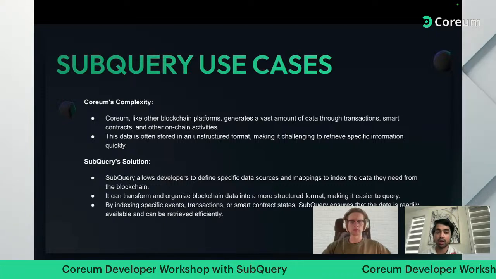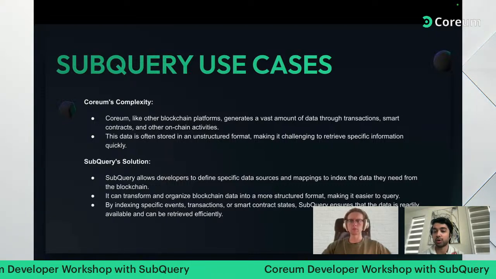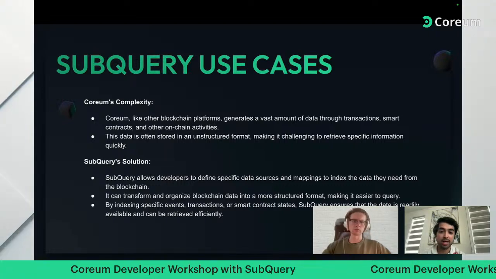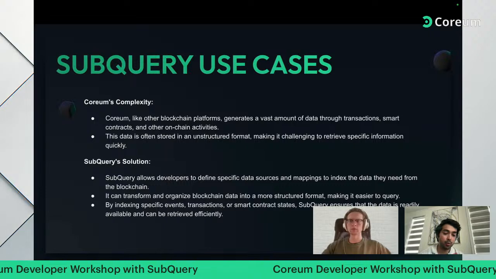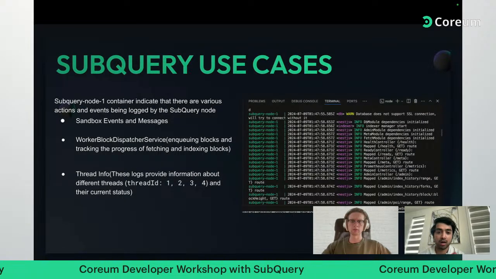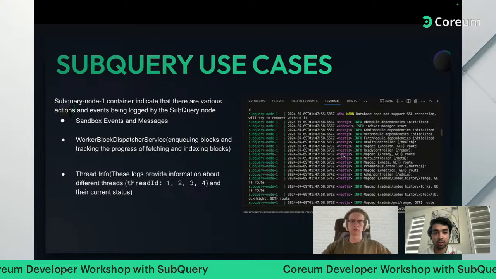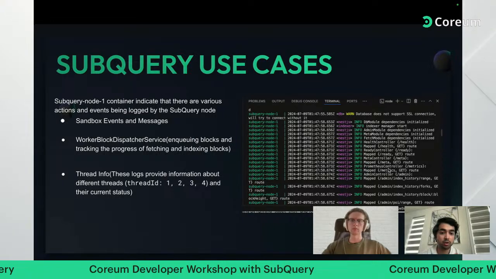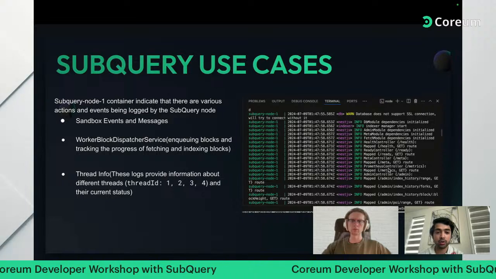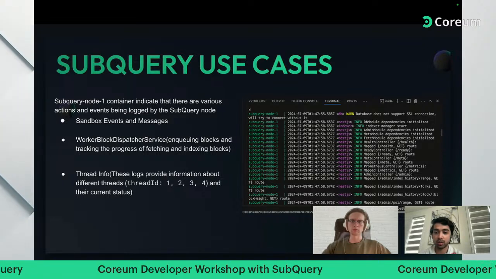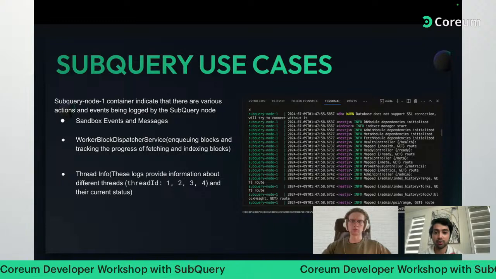Later on Boris will explain through the code how you can index events, logs and states. I think that's going to be really cool. There are some use cases here. With the terminal, you can see there's logging, events and messages, showing some in-queue blocks, and also the thread information. Later, when Boris is coding, he will show you how the terminal looks.